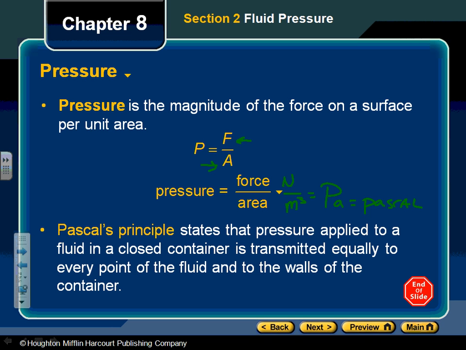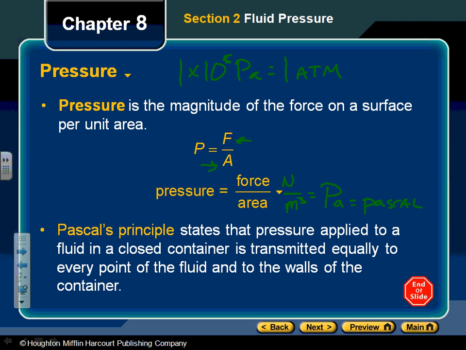Now, just to put some reference points for you here, a Pascal is actually a really small unit of pressure. There's another unit of pressure called an atmosphere. 1 times 10 to the 5th pascals is equal to 1 atmosphere.